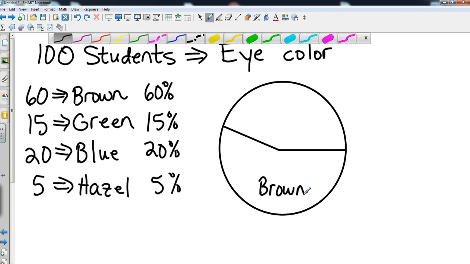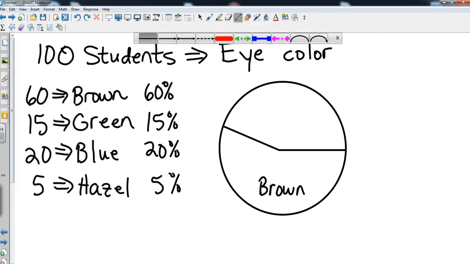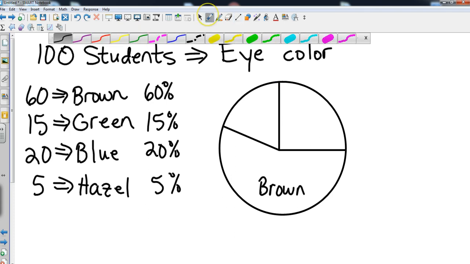Another 15% of that, so that's going to give me to 75%. Again, you're going to see a little bit of the human error here. So that would be 75% of the whole thing. So that means this percentage would be green.